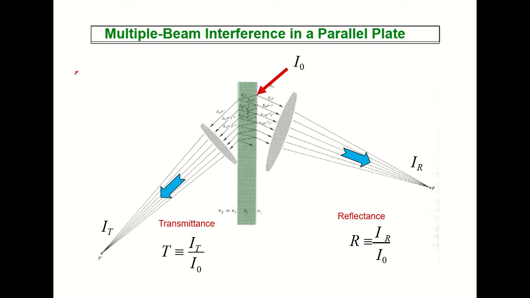In order to produce multiple beams, they are multiple beams produced by mutually coherent beams.